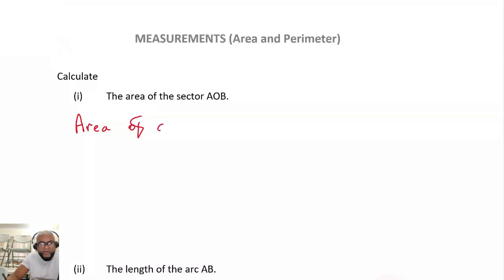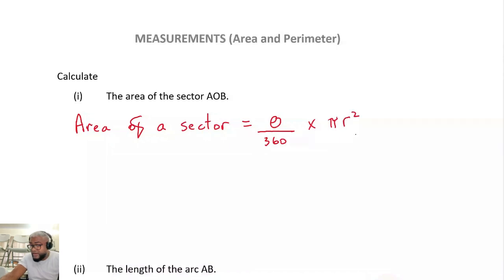All right, so area of a sector would be equal to theta, which is the angle in the sector, divided by 360 multiplied by pi r squared. Remember, pi r squared represents the area of what the entire circle would have been.